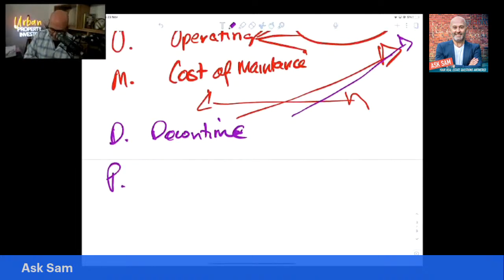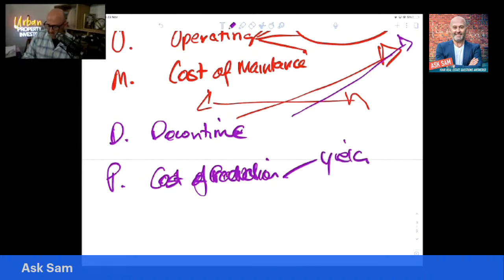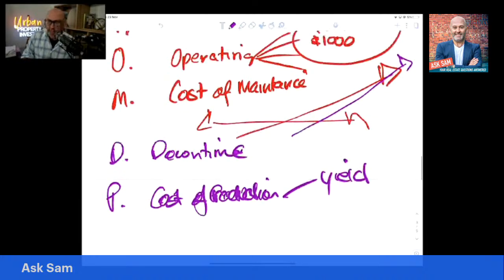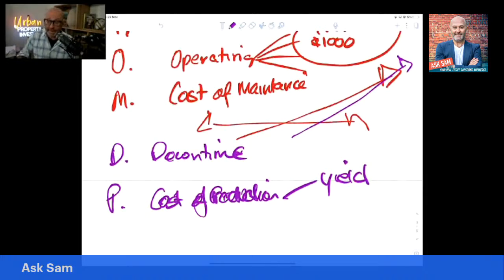The next one is the cost of production. Production is just the idea that we want to yield. And again, sometimes the market impacts the yield. There's nothing you can really do about that. But also, tenants will again look at a property and go, well, this property ain't much chop, so why would I pay a lot of rent for it?